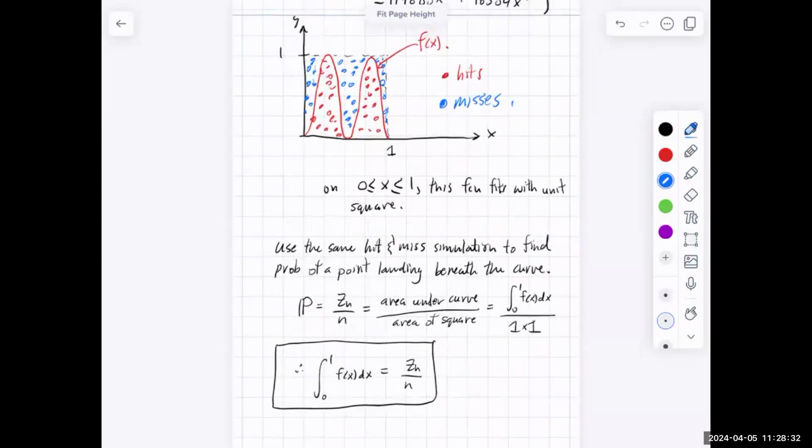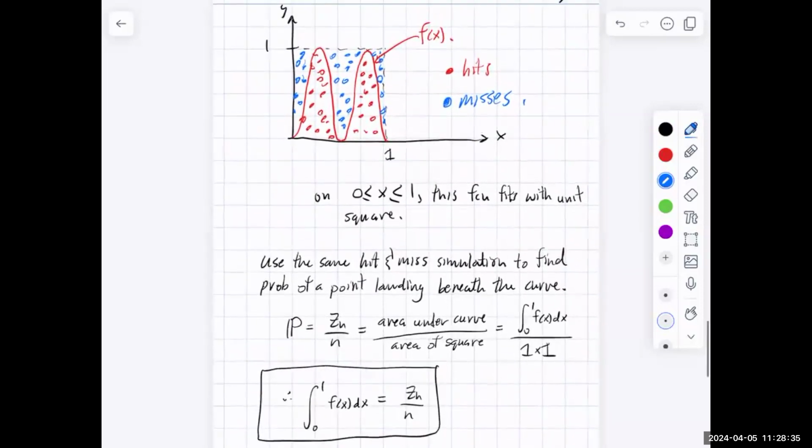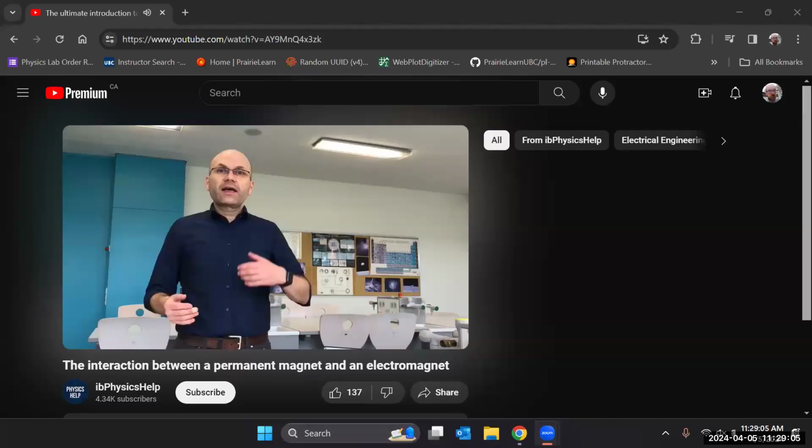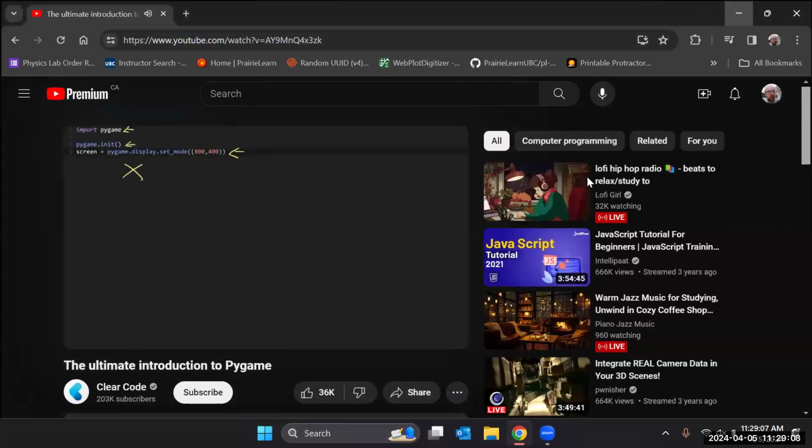Okay, and what I want to do is show you an implementation of this. So I'll give people just a second to write this down. Okay, good. Now let's see if I can share this screen.